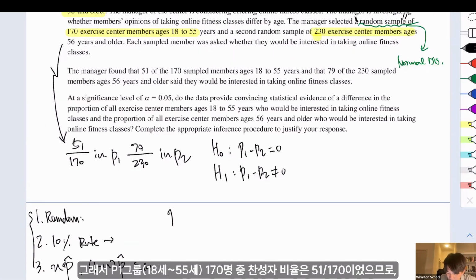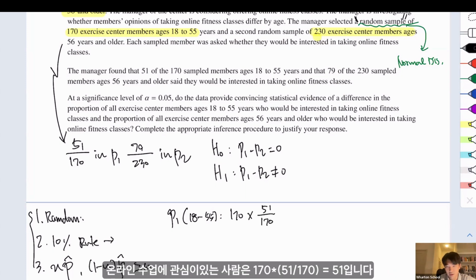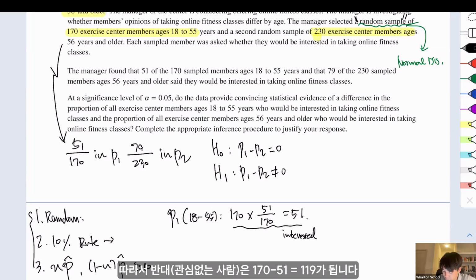For the P1 group, ages 18 to 55, the sample size is 170 and the proportion was 51 over 170, right? So 51 were interested in online classes. And the others, 170 minus 51, which is 119, are not interested in the online fitness classes.